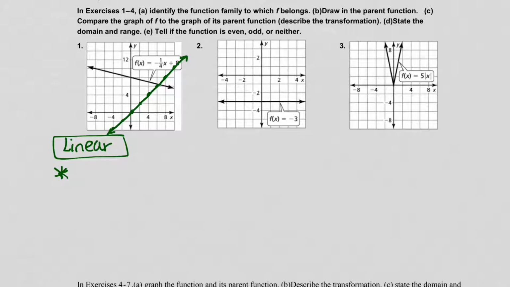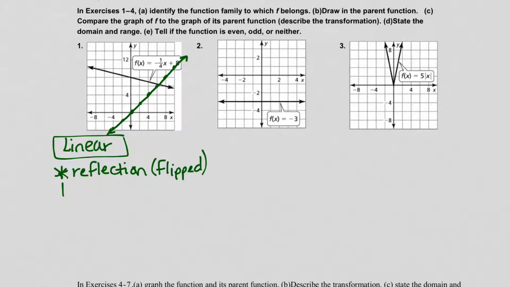So that would be a reflection because it's flipped. If I were to flip my parent function over the y-axis, it would make it go negative. So it's a reflection because it's flipped, and you can even write that if you need.